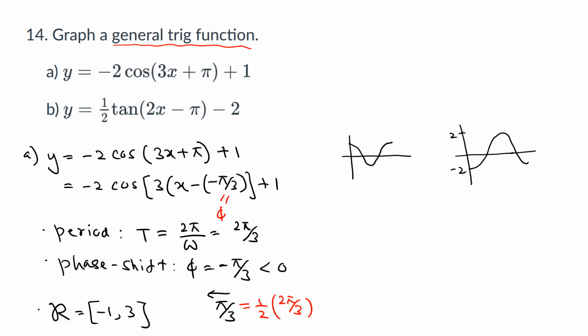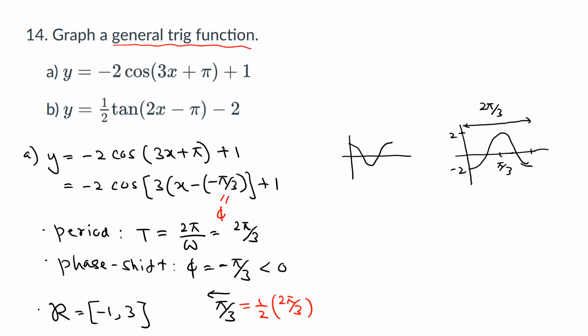The period of this graph we found is 2 pi over 3. That means this is just one cycle, and this is pi over 3. So we're going to move the graph by pi over 3.